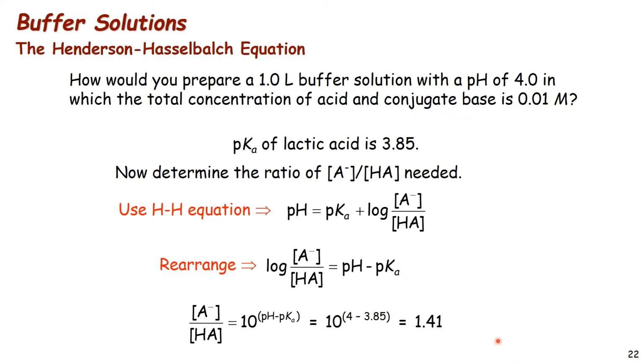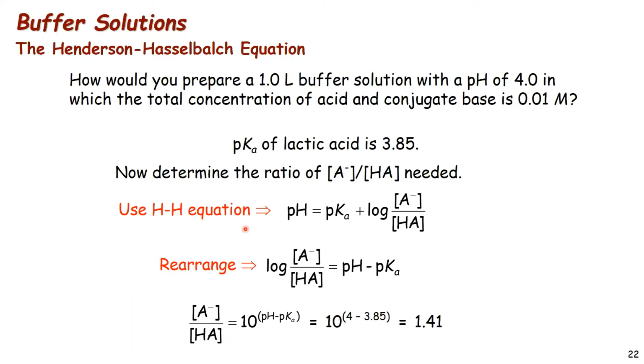Okay, but the problem is that I have two unknowns, right? I am trying to solve for both the lactate ion and lactic acid. So if I have two unknowns, what am I going to need to solve this? It'd be a system of equations. Yeah, right. I need an equation for each unknown.